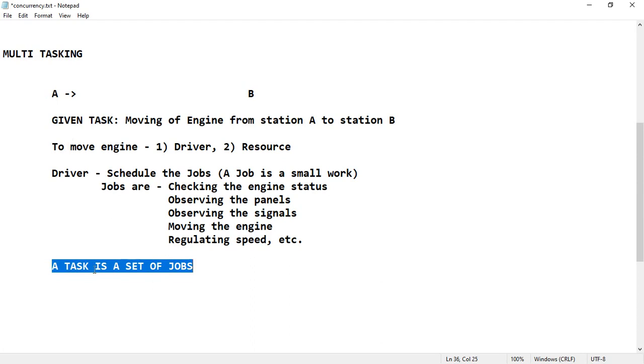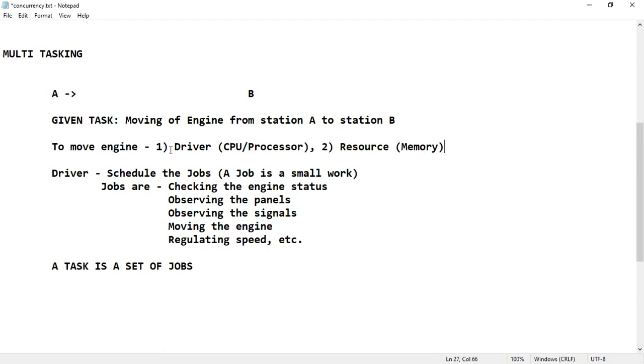Next, in order to do this task, we require a driver and a resource. In computer terminology, the driver is our CPU or processor. The resource is our main memory.